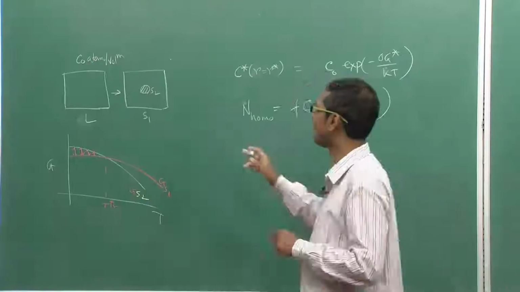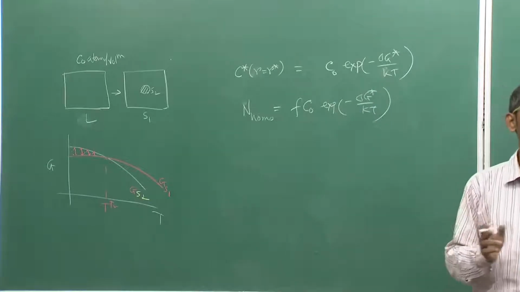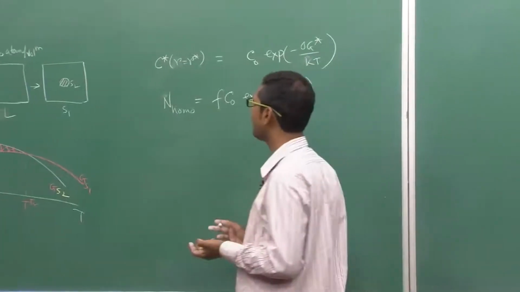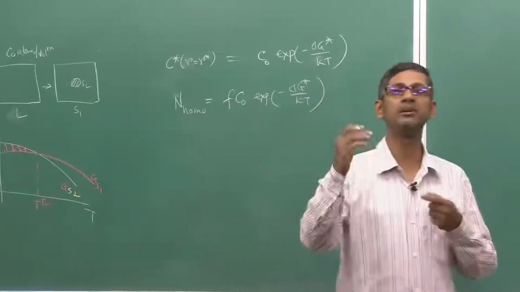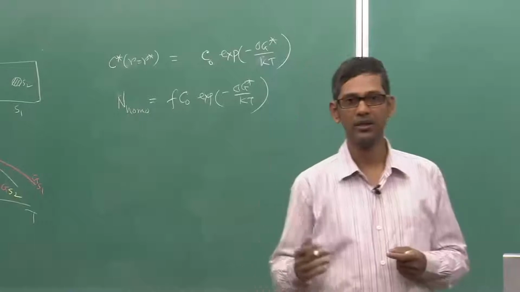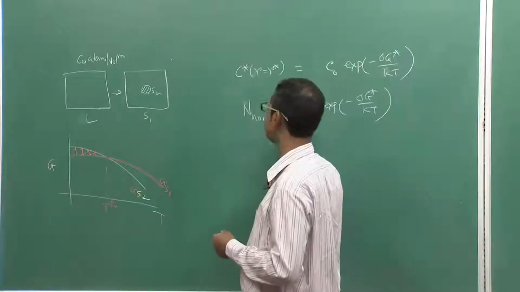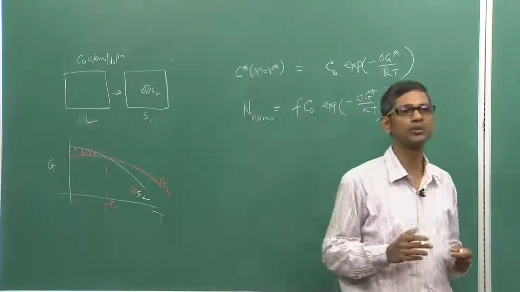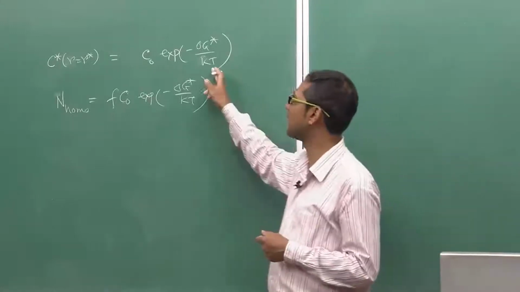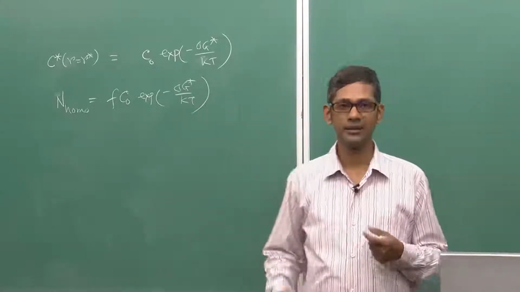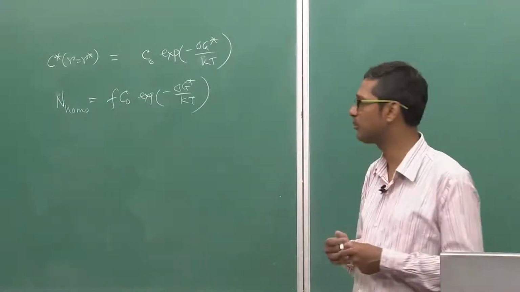Because of that, atoms in the solid will have a different potential, and this potential difference will be a reason for activation energy. That potential difference is what the atom has to cross over to reach from a liquid to a solid. So, this frequency f is mostly a strong function of the activation required, and activation basically comes from the thermal energy part. The thermal energy is what provides the energy to cross over that activation potential.